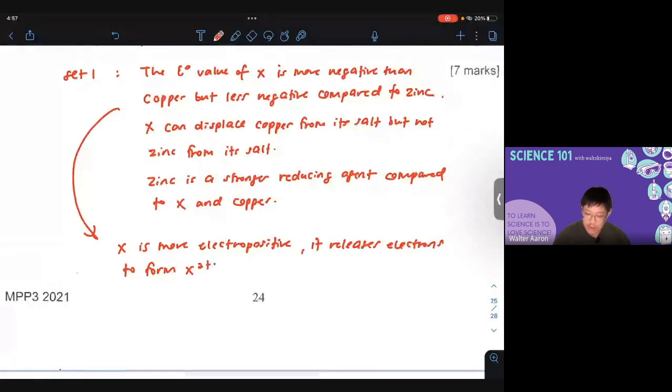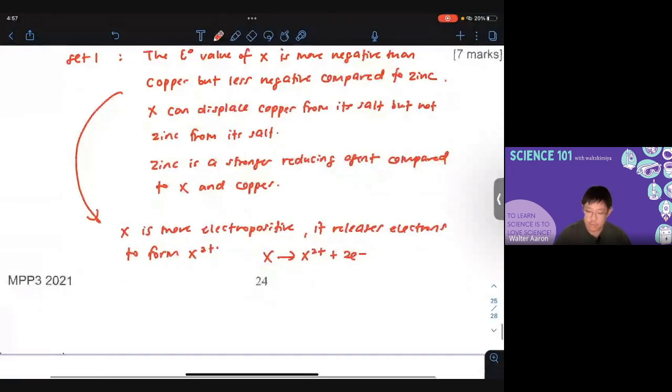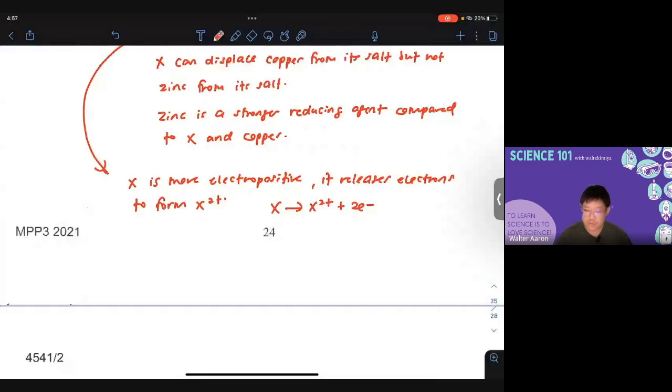Then you can write a half equation also, like X becoming X2+, and it releases the electrons. And then you can also say that copper is less electropositive.